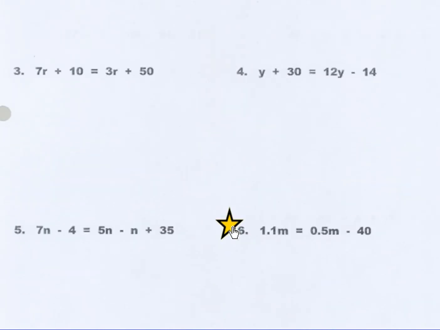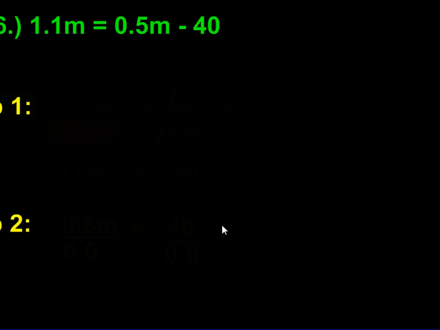Let's now take a look at number 6. We have 1.1m equals 0.5m minus 40. Write the problem. Again, we want to isolate variables on one side, numbers on the other. So it would be easiest to take this 0.5m and to bring it over to this side.